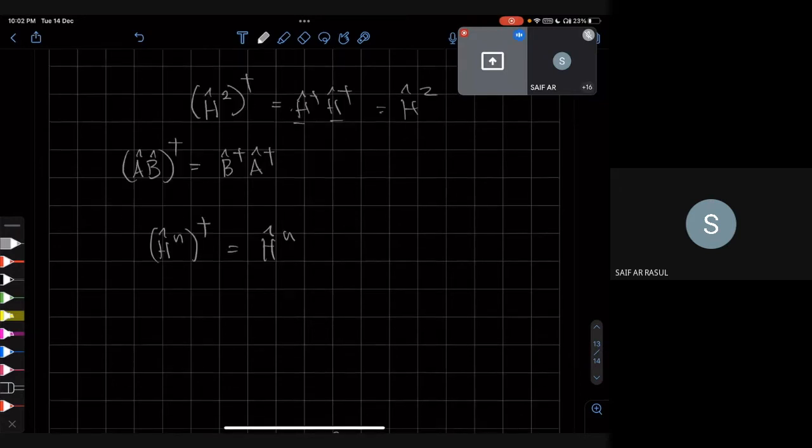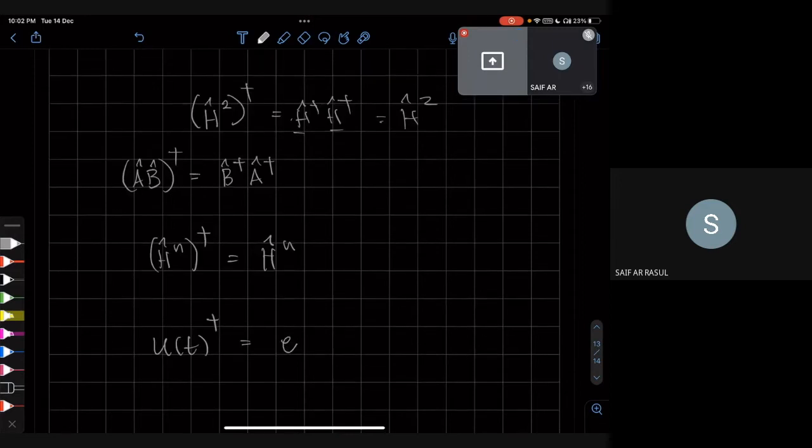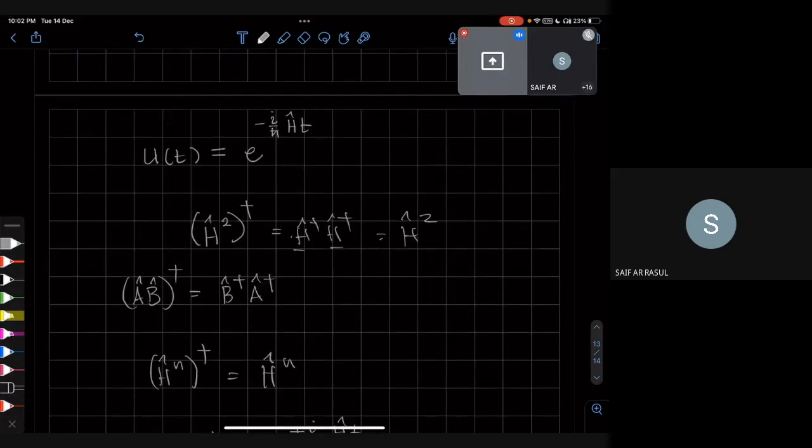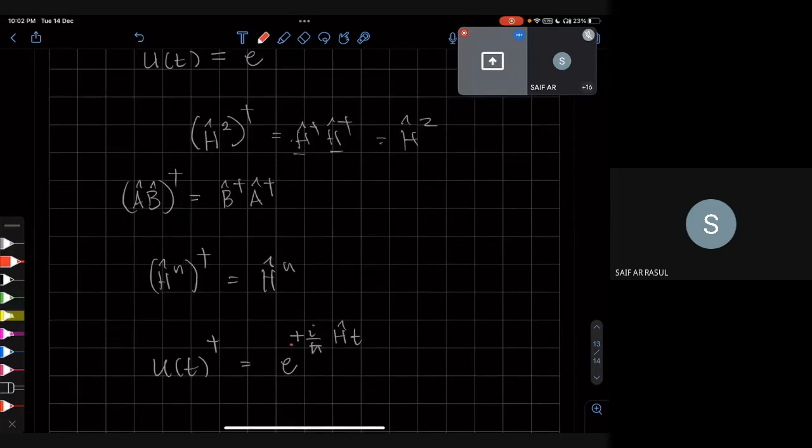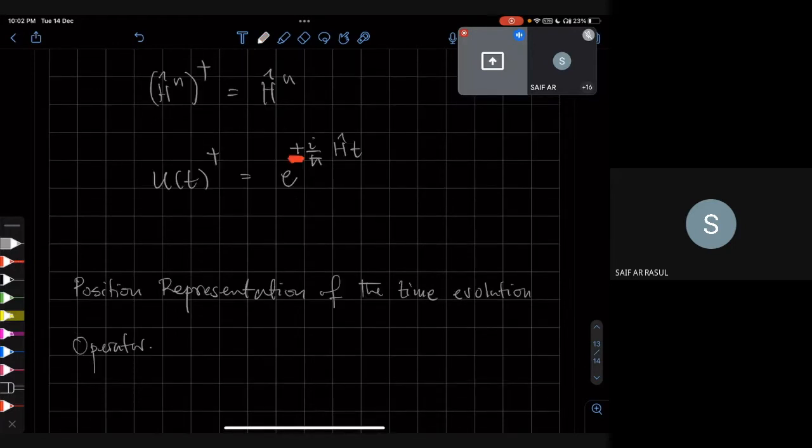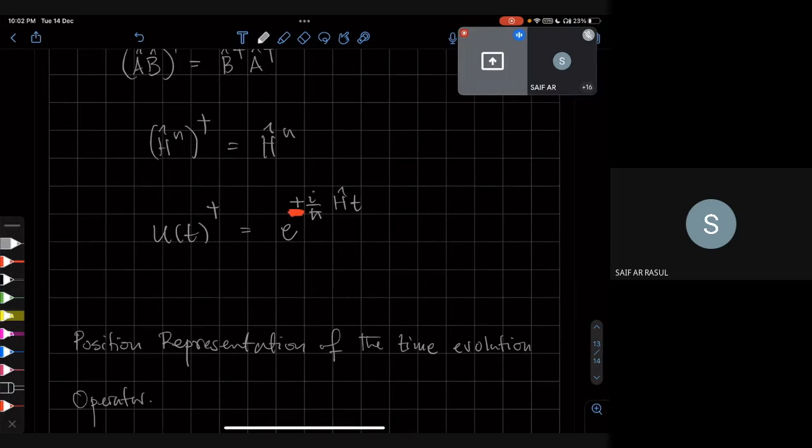Okay, so if I take U of t and take its Hermitian conjugate, what I get, and you can show this easily, is e to the plus i by h bar, H of t. Here there was a minus sign, and here there's a plus sign. So what we find is that the U dagger operator has this minus-plus sign.